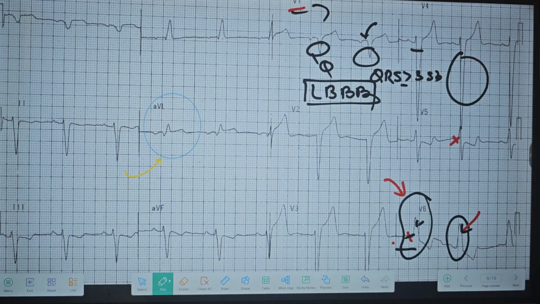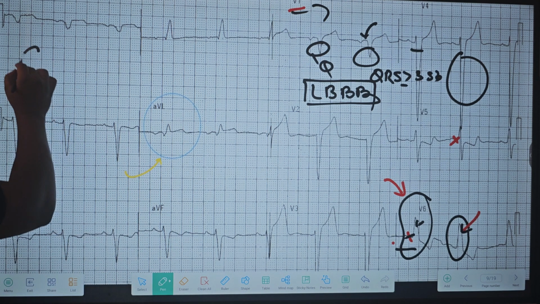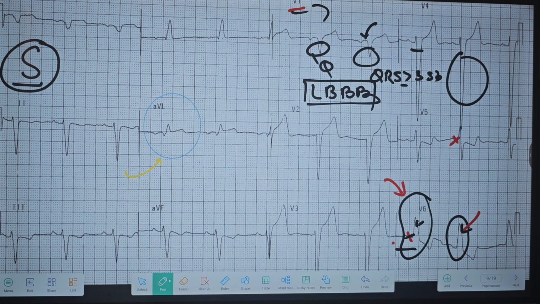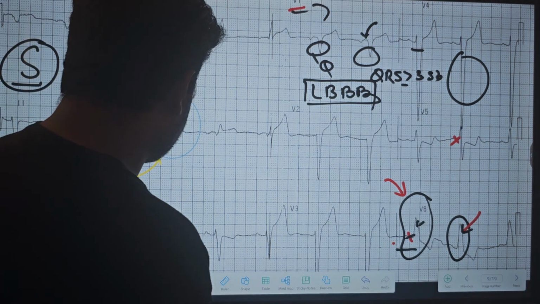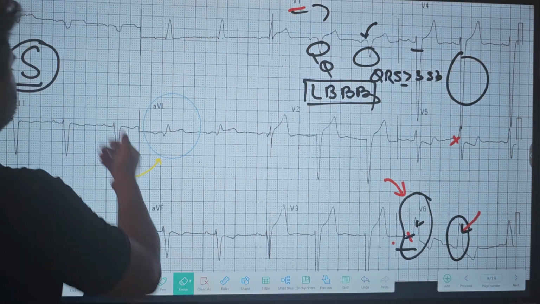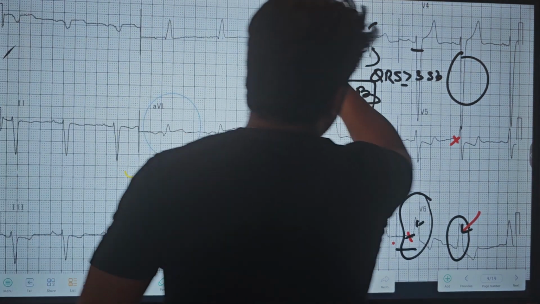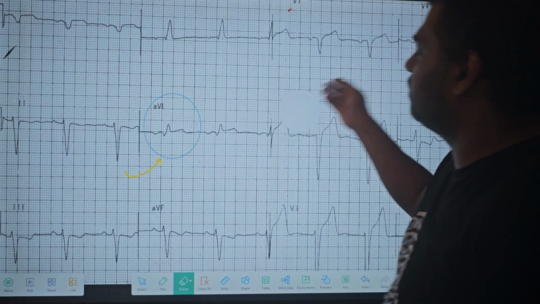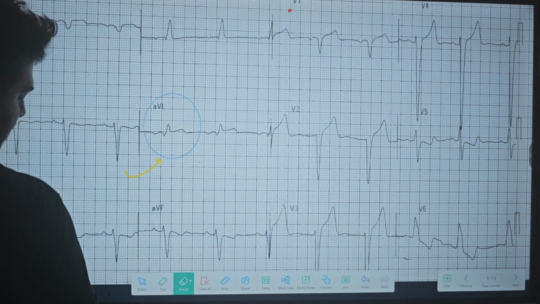Now you will apply the Sgarbossa criteria in this. For the Sgarbossa criteria, you have to look first for concordant ST segment elevation. Is there anywhere concordant ST segment elevation present? Yes.